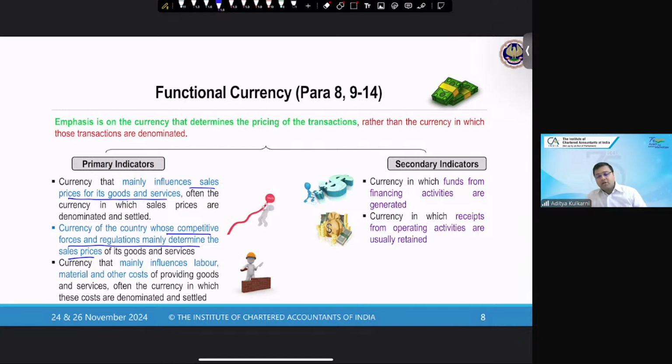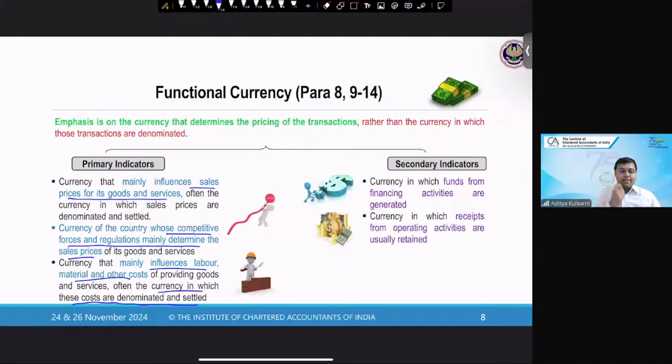But what I'm trying to highlight is it is the competitive forces that determine the sales price of its goods and services. And finally, the currency that majorly influences labor, material, and other costs of providing goods and services, often the currency in which these costs are denominated and settled. I gave you all these indicators through my examples.